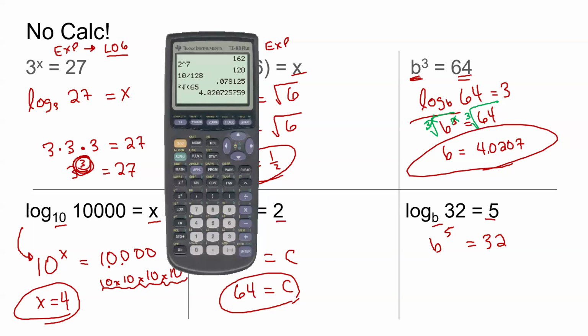And you go, huh, I know 32 is a power of 2. Would that work? If I took 2, multiplied it 5 times, there'd be 4, 8, 16, 32. Sure enough. Okay. B would have to be 2 there. That is a base 2 logarithm that would do that. So those are pretty handy.